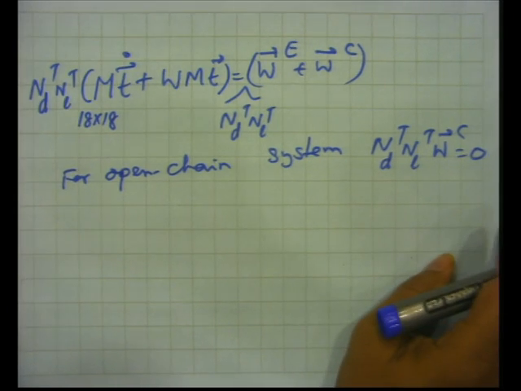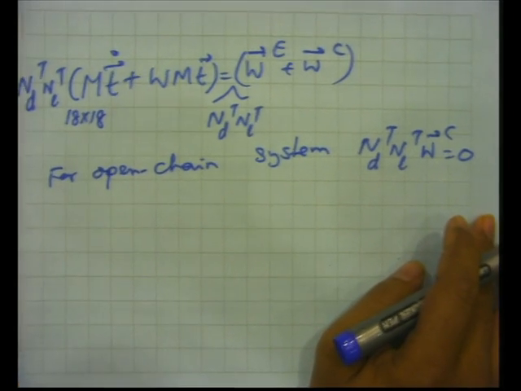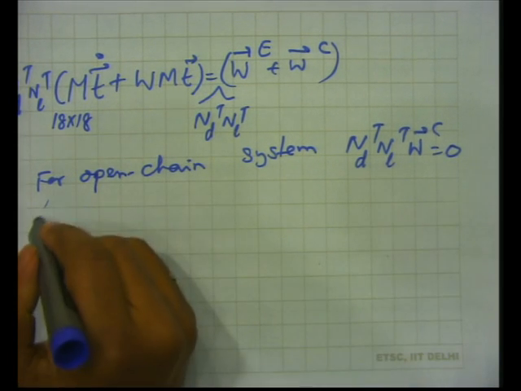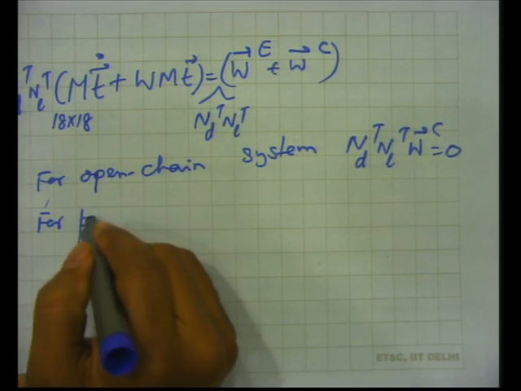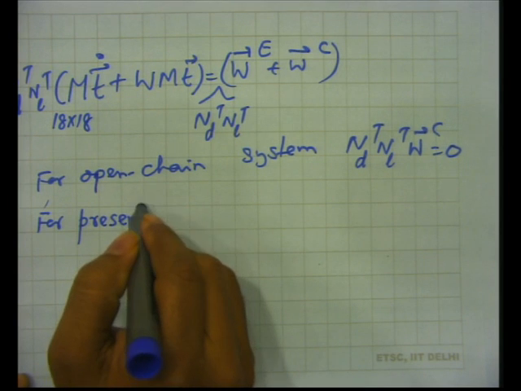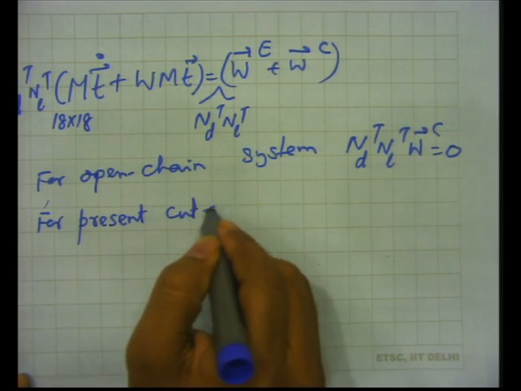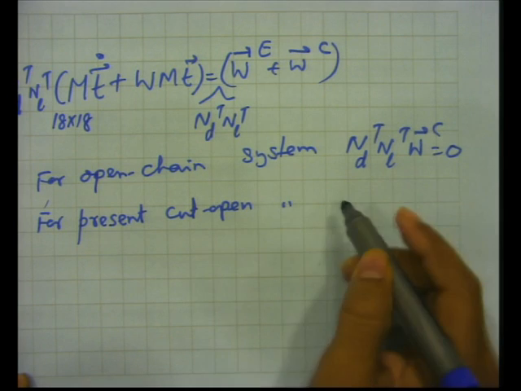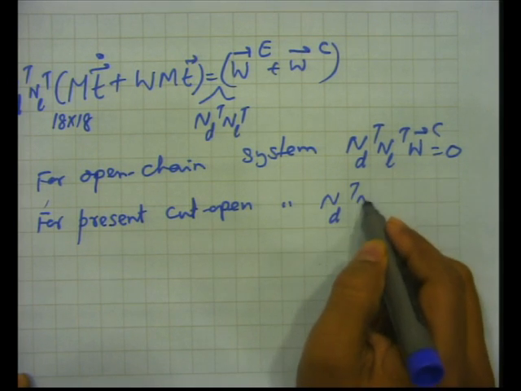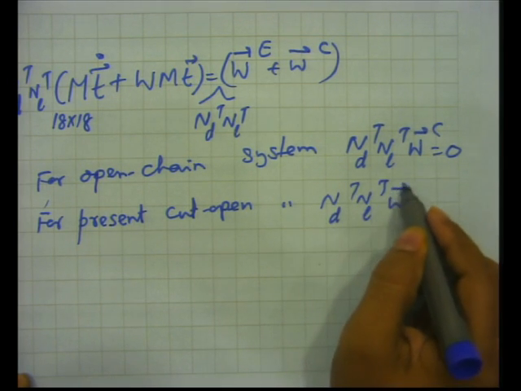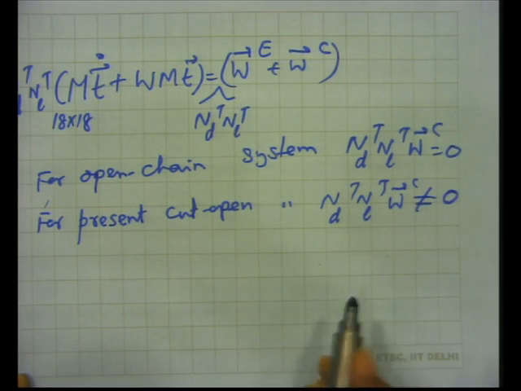Okay. But here I have F03 at the end. So, for the present cut open system, N D transpose N L transpose W C is not 0.